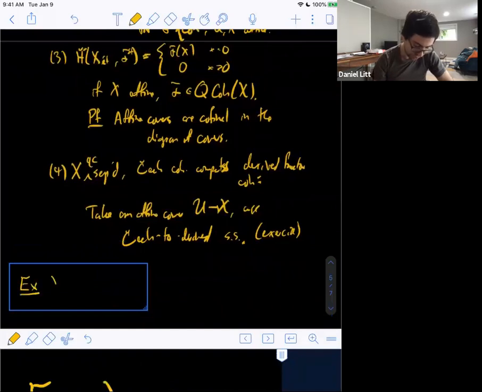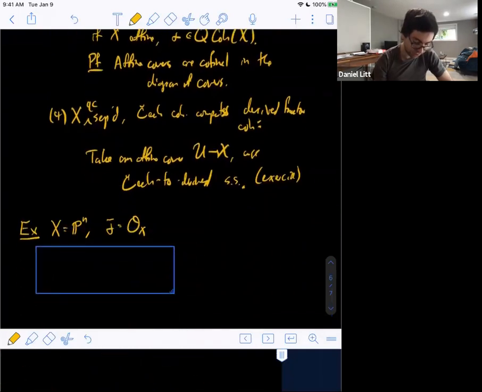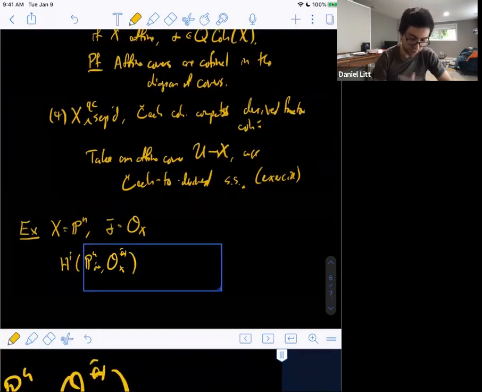So suppose X is projective space, and F is O_X, for example. So can anyone tell me what is the étale cohomology of P^n with coefficients in the étale sheaf associated to O_X?